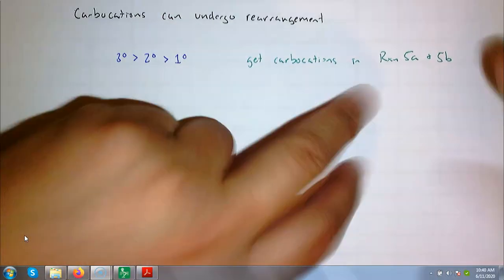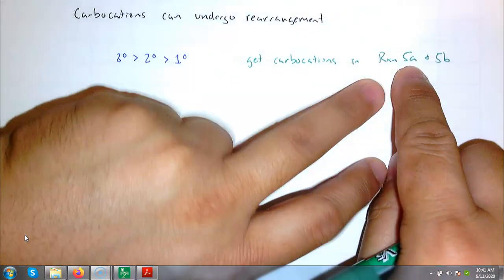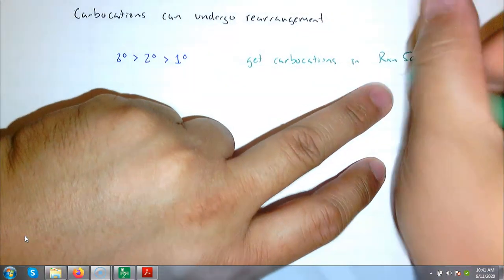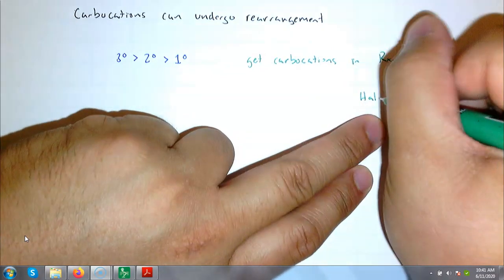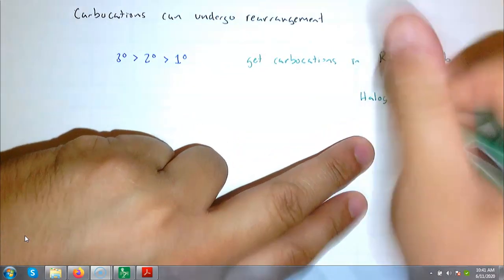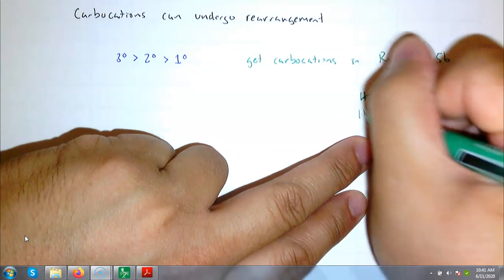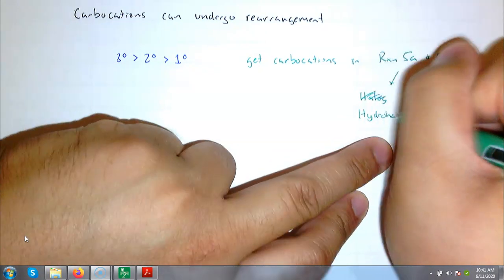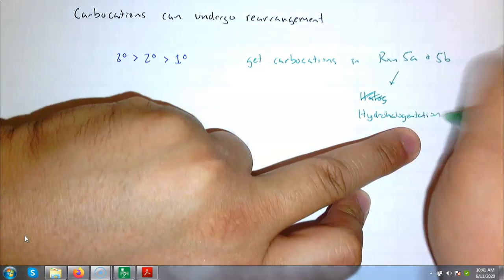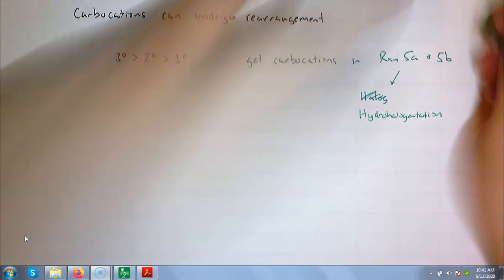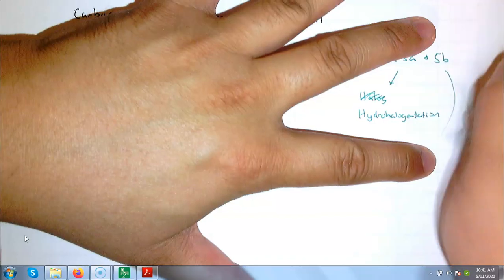But with this 5A, it's the first reaction we learned. Hopefully, by now, you've seen this in at least 2 different videos. Whoops, almost messed up. 5A is hydrohalogenation. And 5B is acid catalyzed hydration.